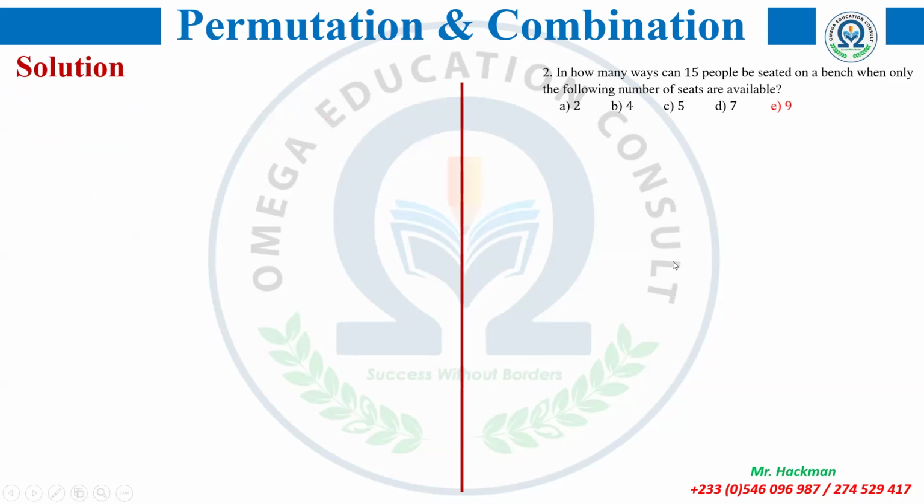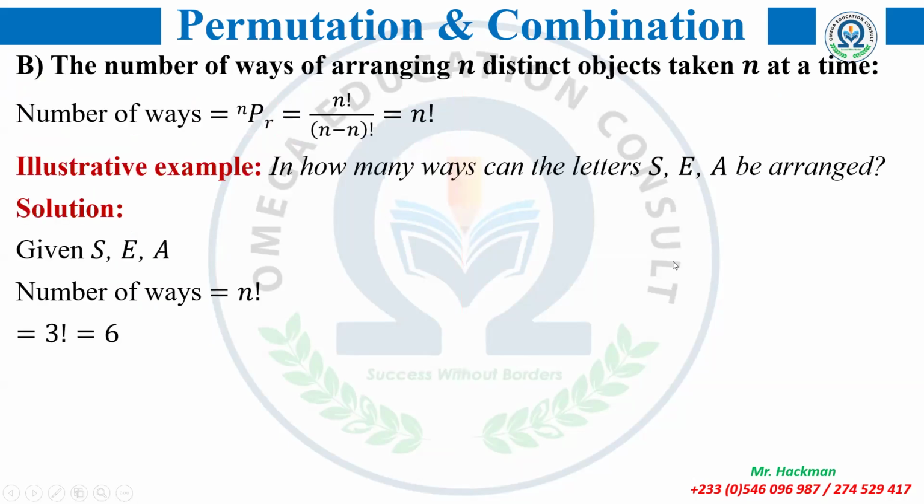So at this point, this will take us to our next concept. That will be B. Before we come to B, any questions? So we are going to look at another special situation.